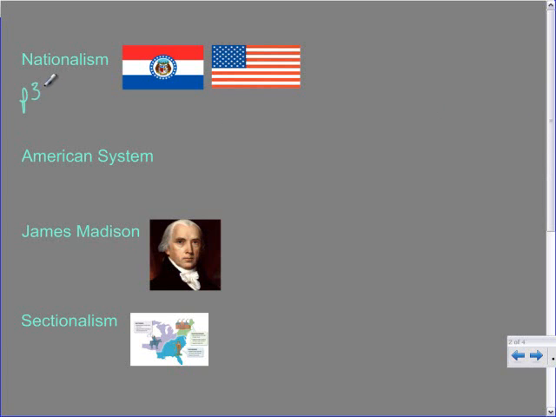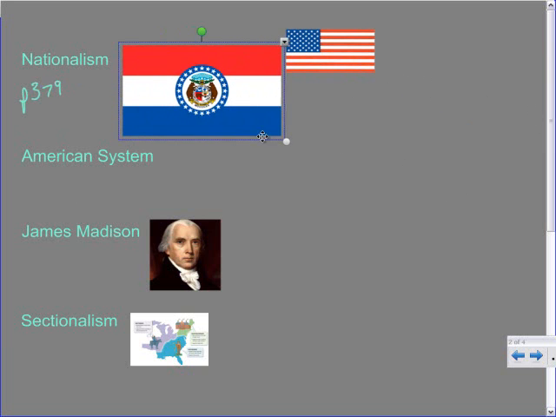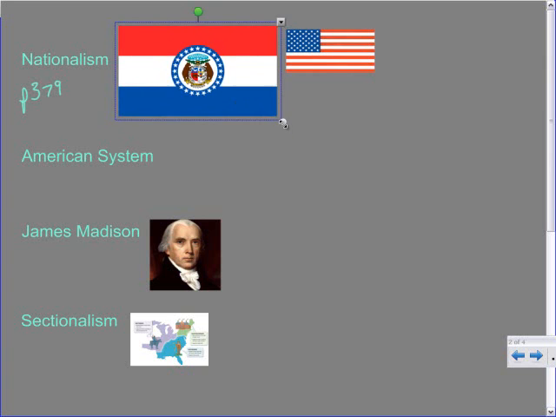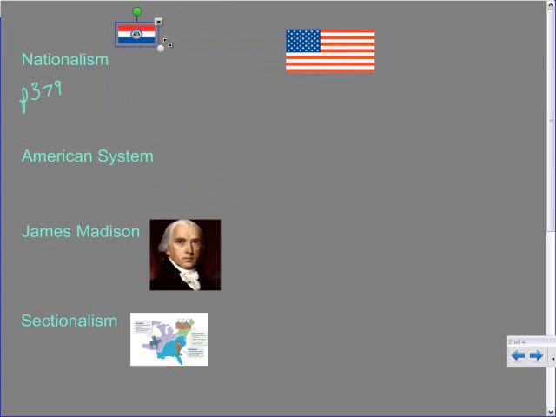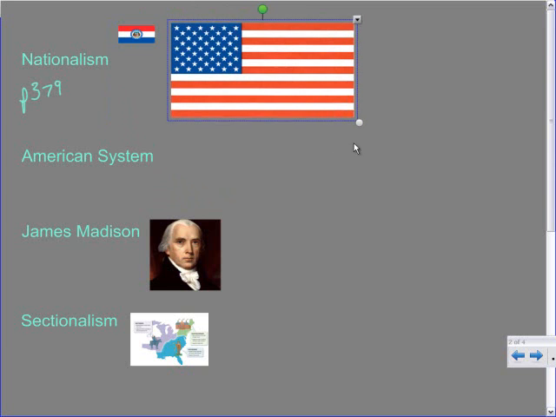And that's on page 379. Before the War of 1812, people would have said that they were from a state. Like they're from Missouri. I'm a Missourian. But after the War of 1812, that takes a back seat, and people start focusing more on the fact that they are from America and they are an American.